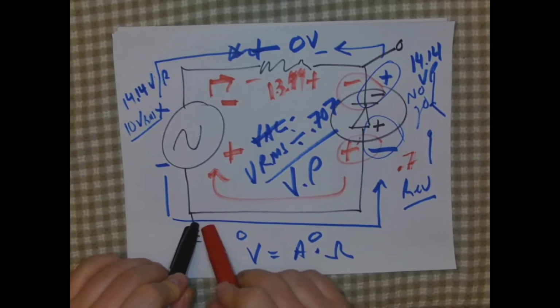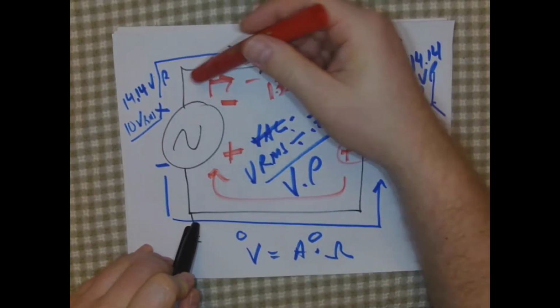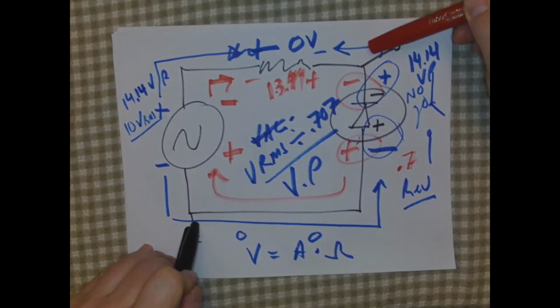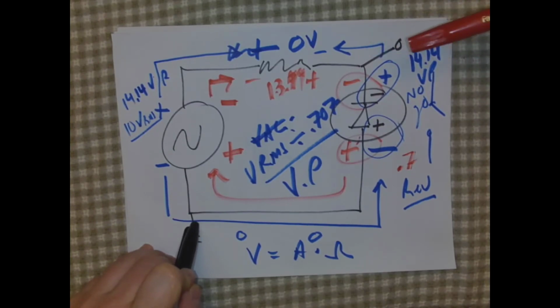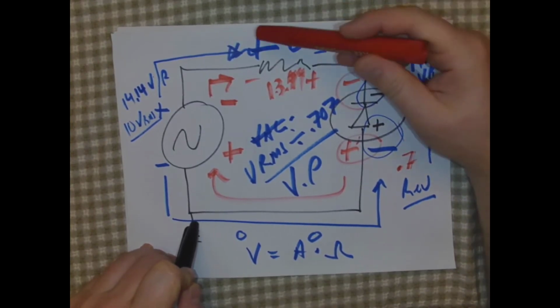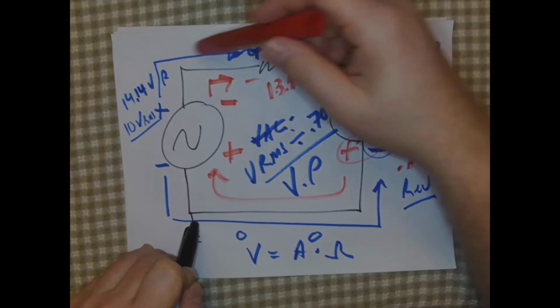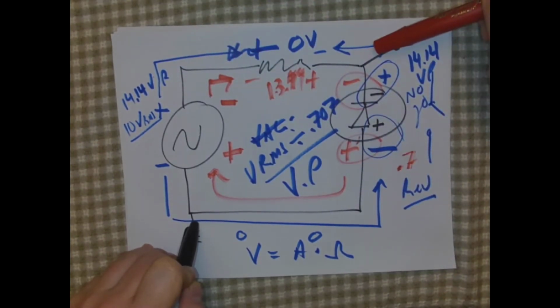I could go the other way. I could go 0 plus, or I can go 14 minus. 14 minus 13.44 is 0.7.